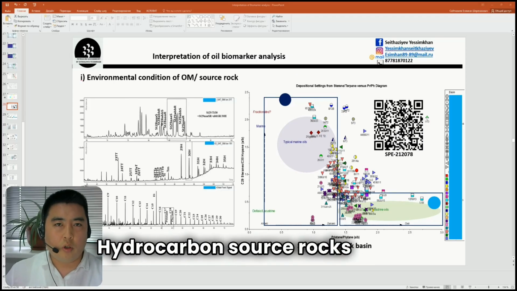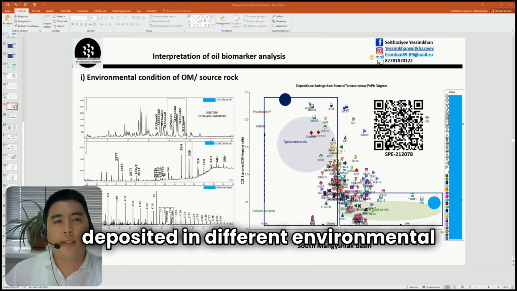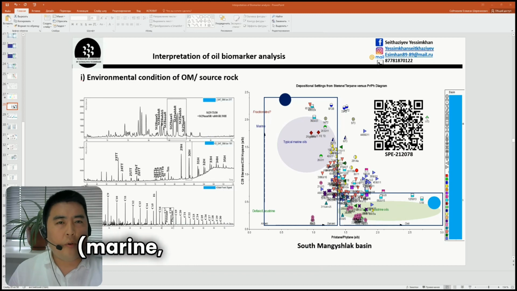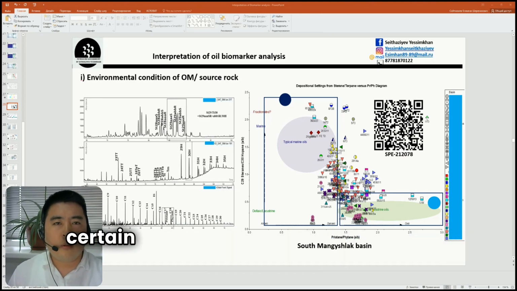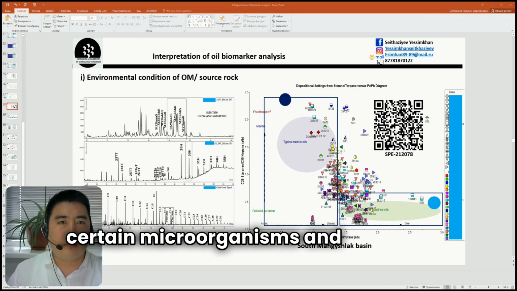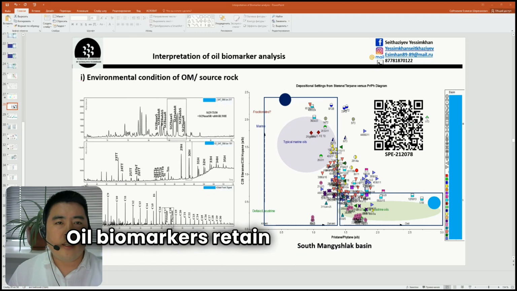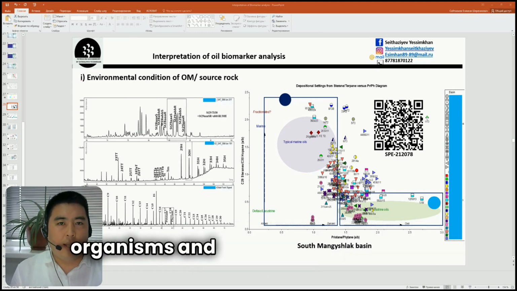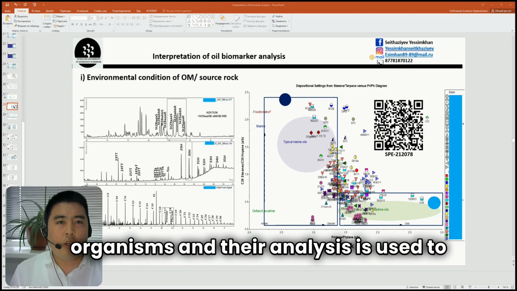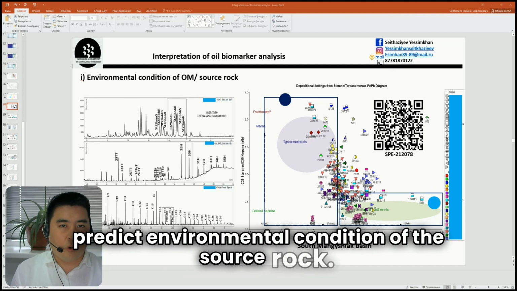Hydrocarbon source rocks can be deposited in different environmental conditions, marine, lacustrine, deltaic, in which certain microorganisms and biomasses exist. Oil biomarkers retain information about these parent organisms, and their analysis is used to predict the environmental condition of the source rock.